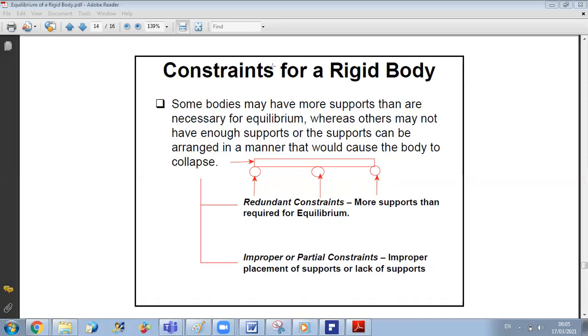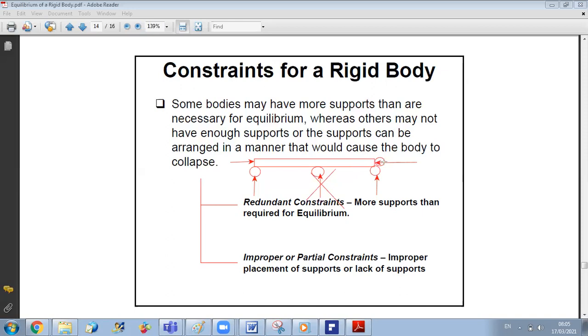If I put the third roller here instead, then it will be fine, because if I apply a load in this way, I can maintain equilibrium.